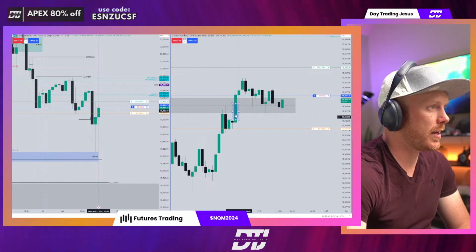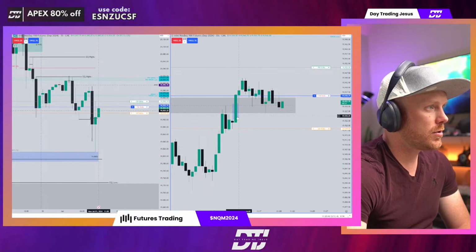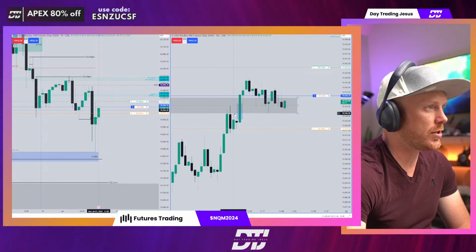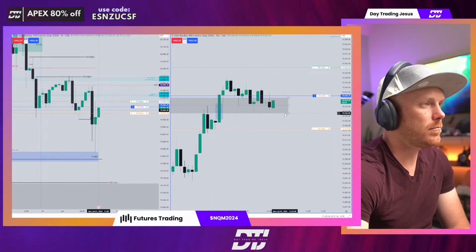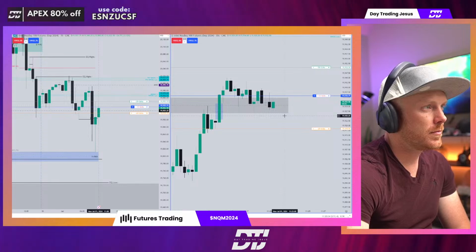Remember that there's a fair value gap right here. So this fair value gap is all right here as well. We just use our entry as this inversion sitting over here. Come on. Let's run this.